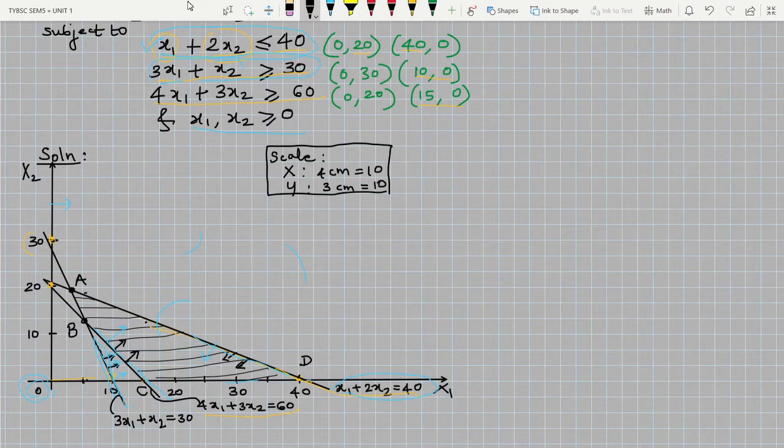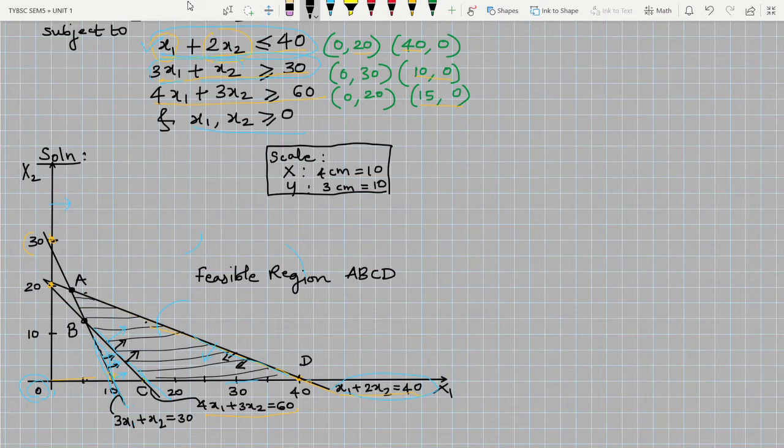Now it is having the boundaries. These are the boundaries, and the vertices are also there. So the vertices are named A, B, C, D, and therefore the feasible region is A, B, C, D. It's a kind of quadrilateral. Now the theory which we have seen says that the optimum solution of this linear programming problem lies at one of the vertices.